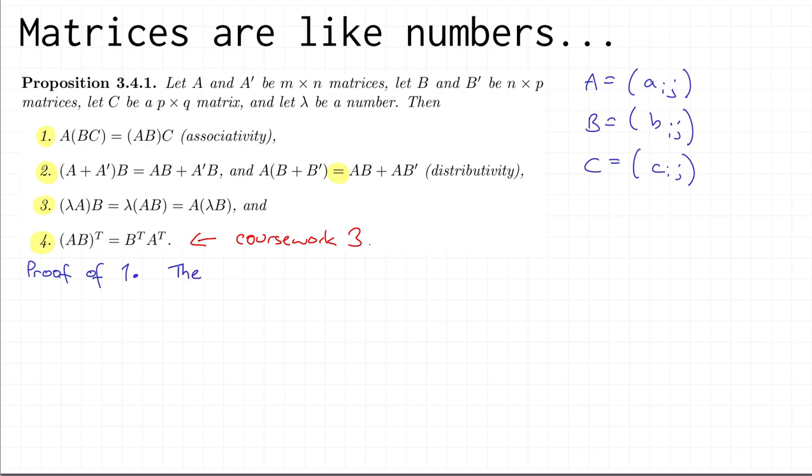The ij entry of AB is the sum from k equals 1 up to n of a_ik b_kj. Now that we know that, we can work out the ij entry of (AB)C.